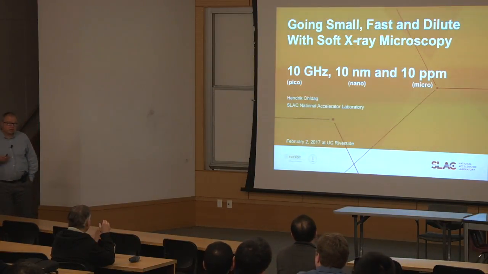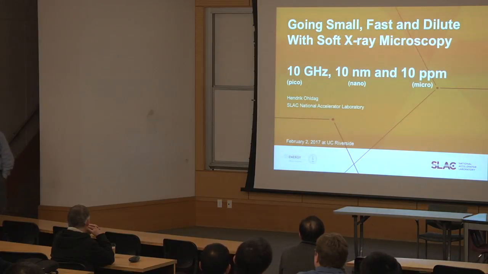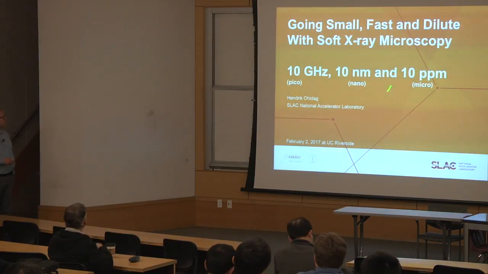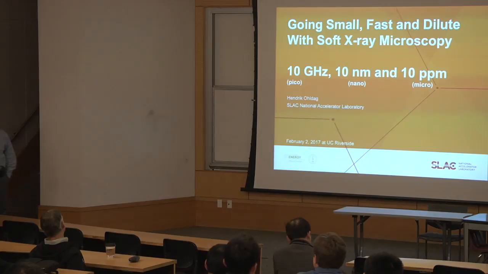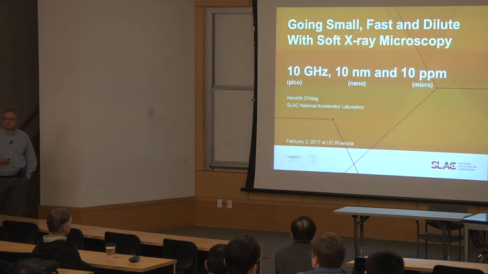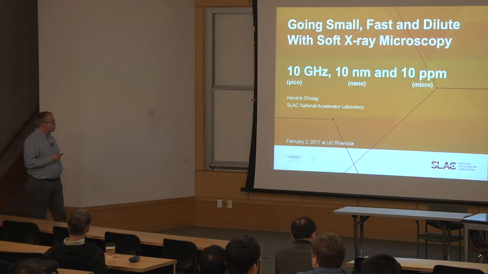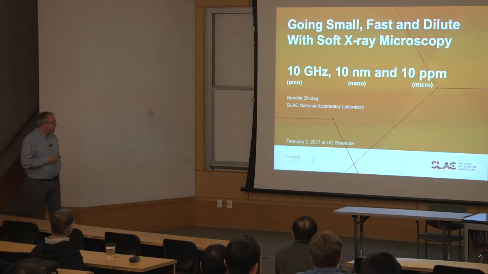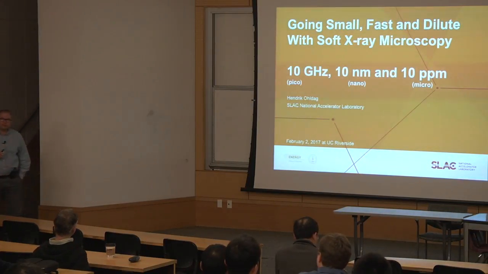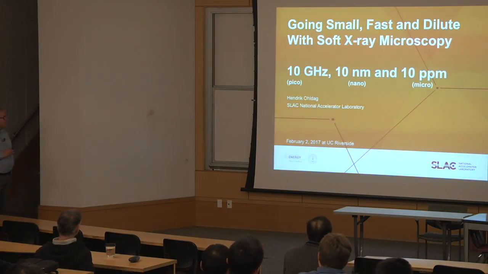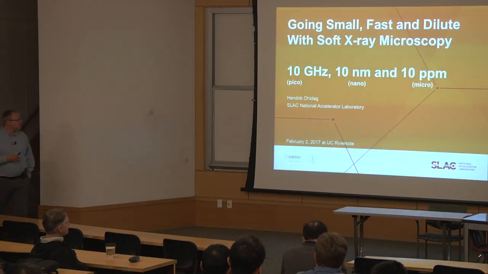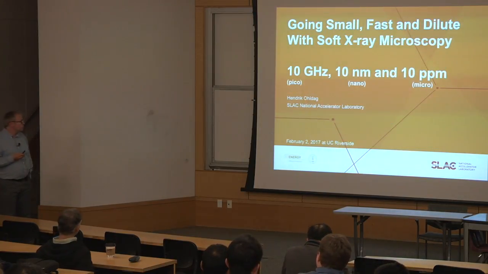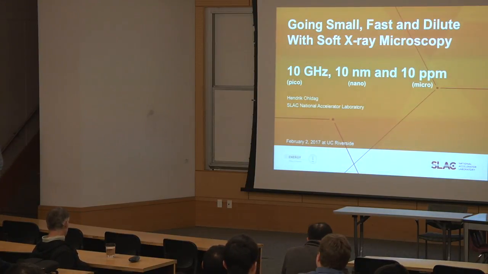Also, because of the very short wavelength of the X-rays that we're using, we can do microscopy with a nanometer resolution. And we can also be very sensitive to small concentrations of materials. I will try to touch on a few of these items today, and maybe cover the sensitivity to small concentrations on short length scales in some of the examples I will be giving.